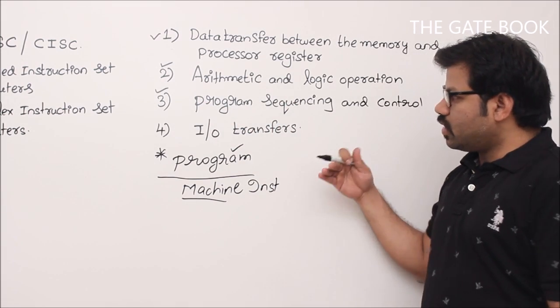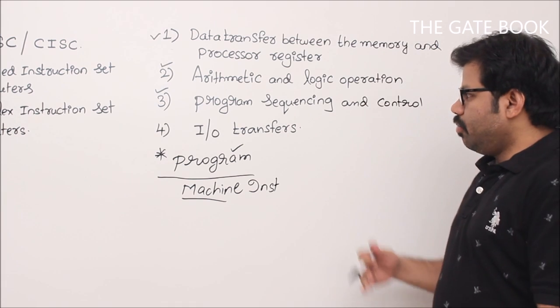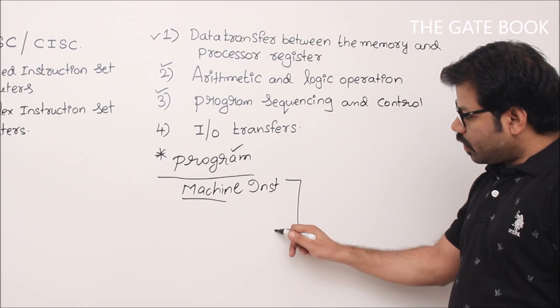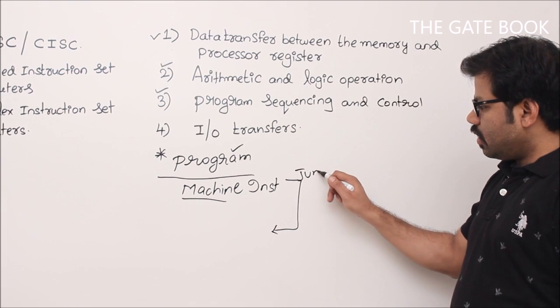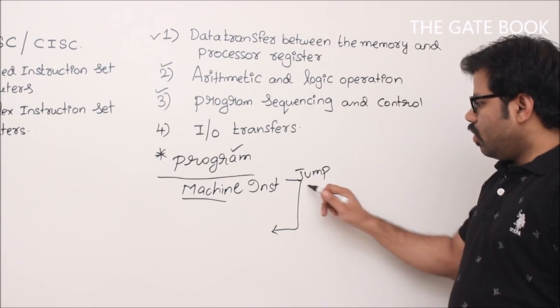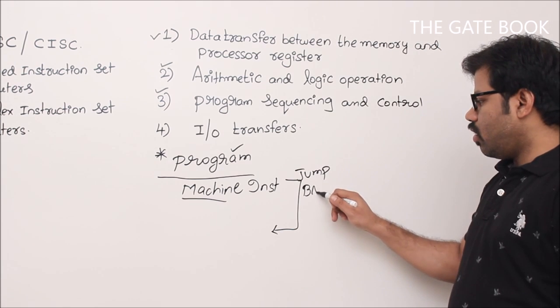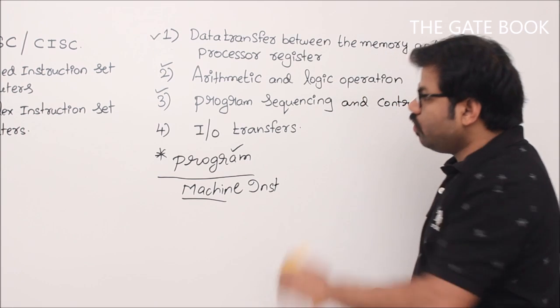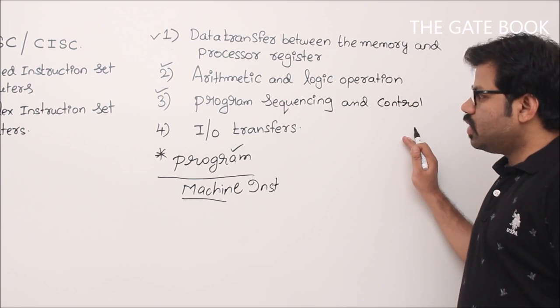That means your instruction should sequence the program, correct? Maybe they should control your program's flow, right? Like jump instruction, correct? Otherwise branch on 0, branch on non-zero. In that way there are so many things, we will study that. All these instructions are going to take care of this program sequencing.